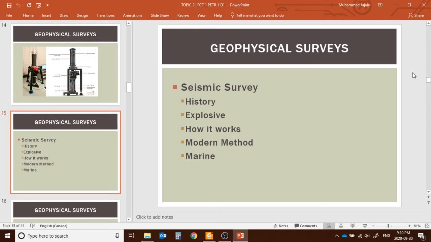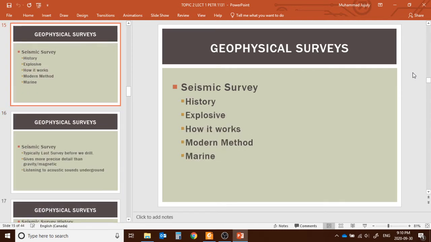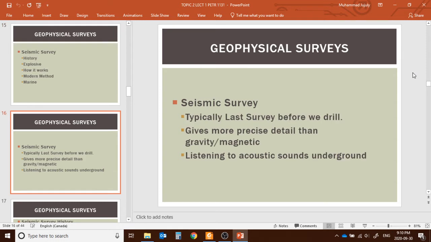And a seismic survey is a type of survey where we use the same principle as the bat or even the whales. They use sonic. Okay, so let's know how the seismic survey works and what's the history behind it.